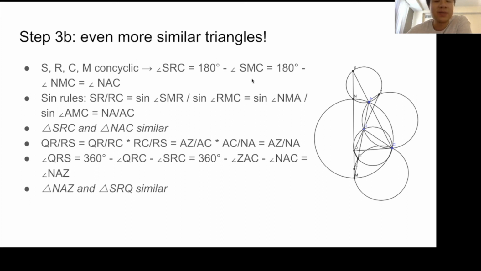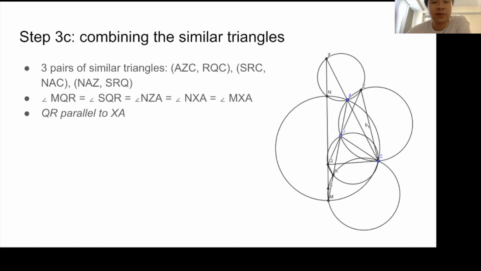And this one is basically just one equal angle, which is between the two sides we want to show are the same ratio. So we have one more pair of similar triangles. And finally, this one will give us another pair of similar triangles. So we end up with 3 similar triangles.